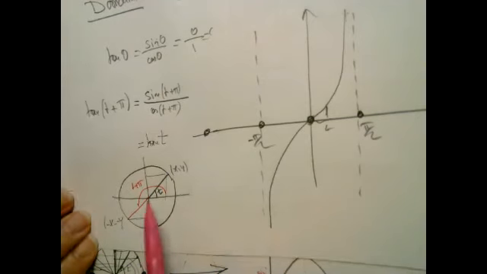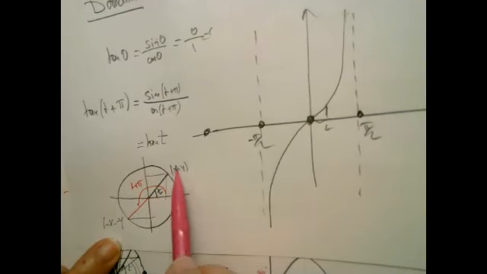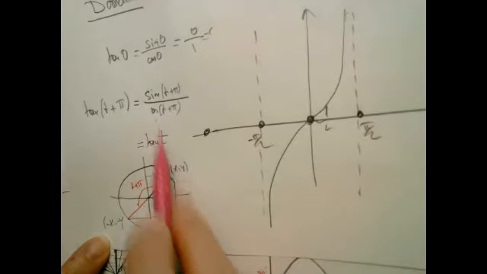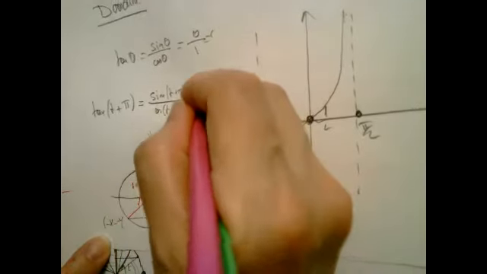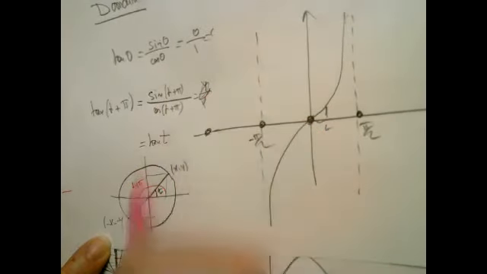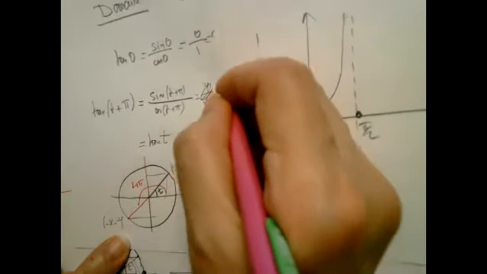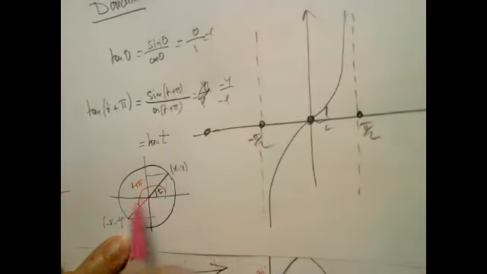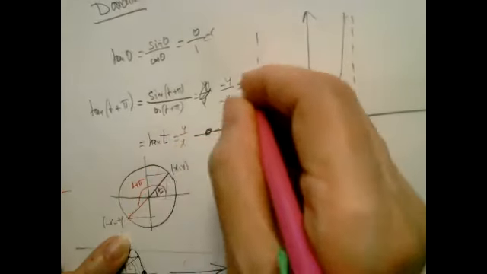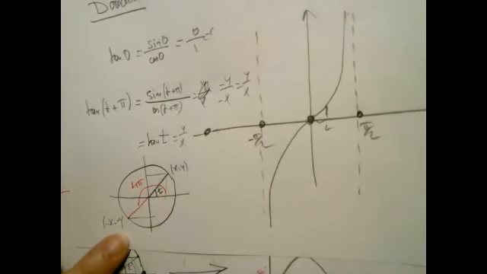Total symmetry. So the tangent of t is y over x. Tangent of t plus pi is minus y over minus x, but this is the same thing as y over x.